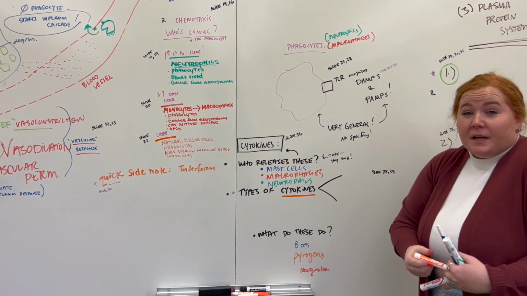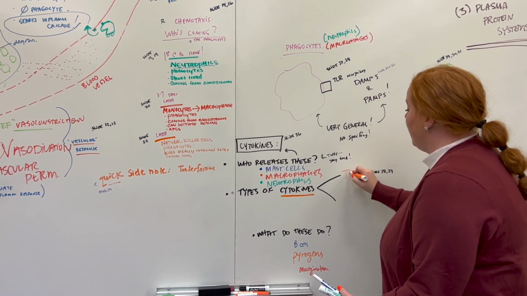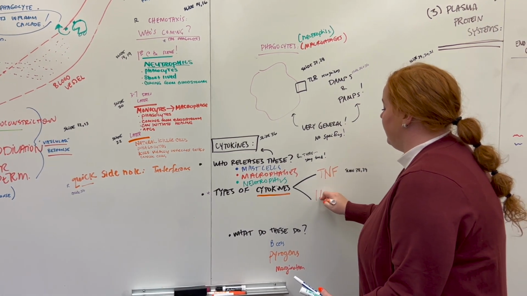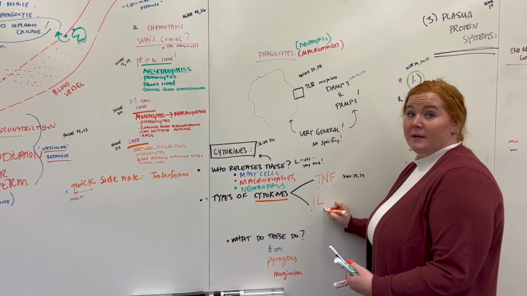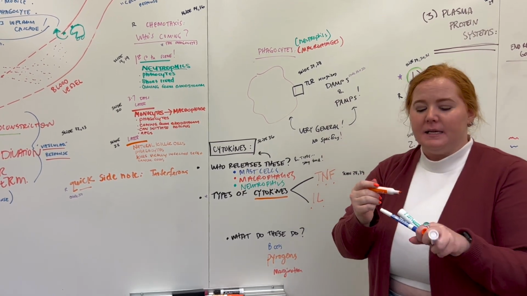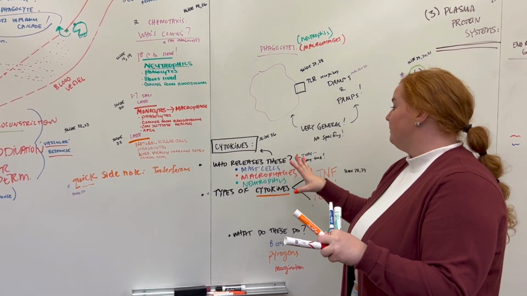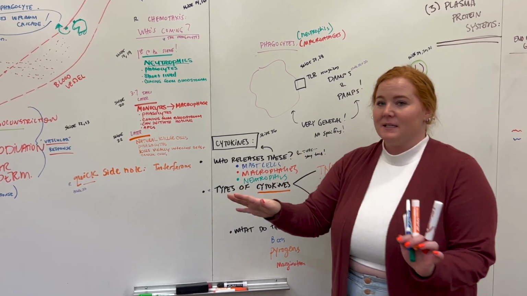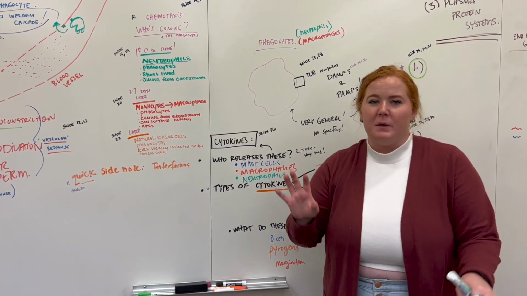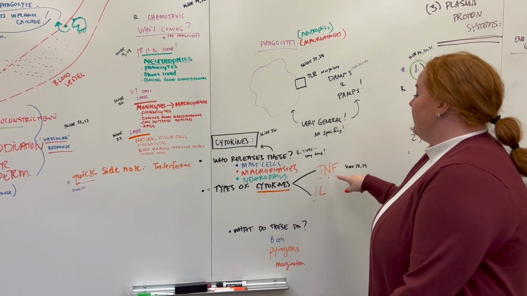The types of cytokines that we're going to talk about are TNF and IL, so tumor necrosis factor and interleukin. These are types of cytokines that are relevant to this story. Stay tuned, there's some T cell, some B cell involvement here, but we'll get to that.